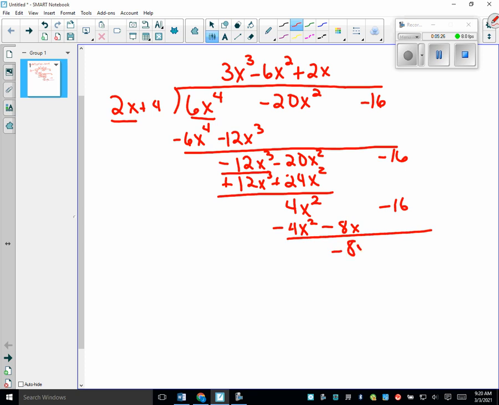I have negative 8x minus 16. What am I multiplying by? Negative 4? Gives me negative 16 minus 8x. Change the signs. And there it is.